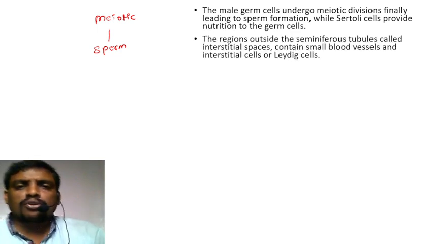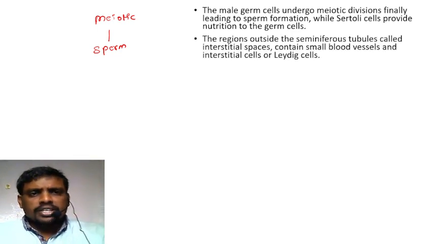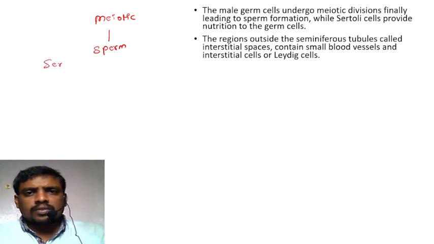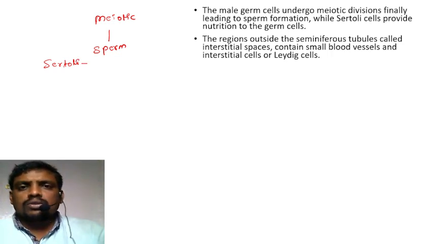Male germ cells, nothing but spermatogonia, undergo meiotic cell division, finally leading to the formation of sperm cells. Sertoli cells provide necessary nutrients to the germ cells, a very important point.